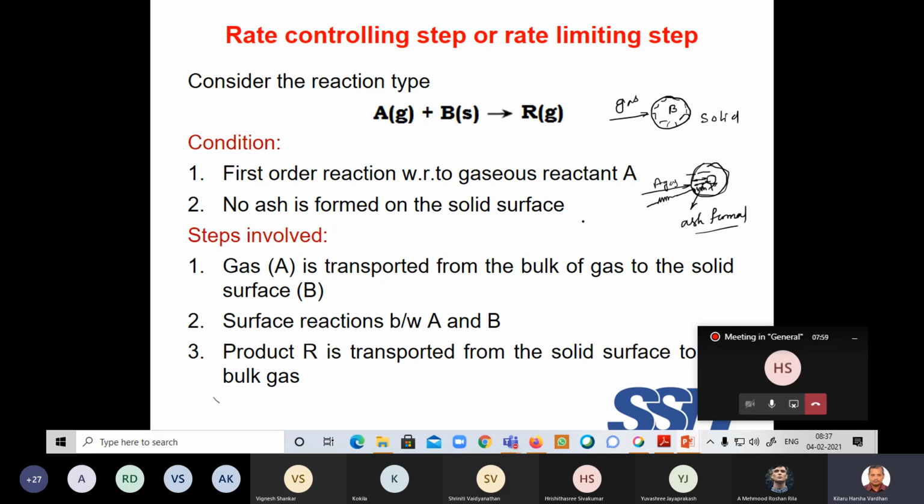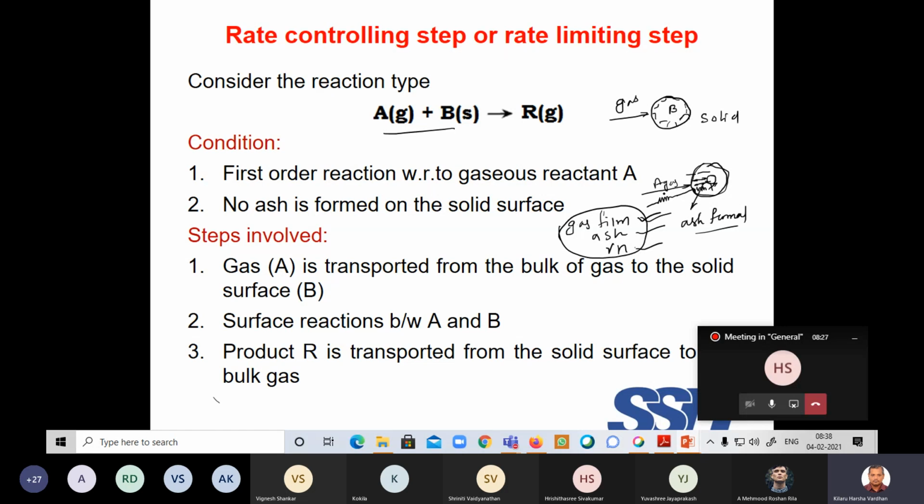Therefore, there will be one more resistance: gas film resistance first, then ash resistance, and third one is the reaction resistance. So remember, when there is ash being formed, you get three resistances: the gas film resistance, ash resistance, and reaction resistance.